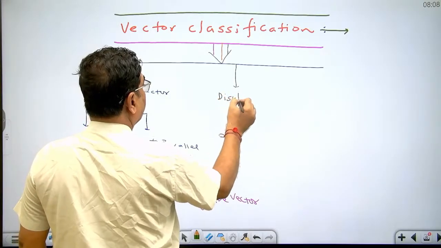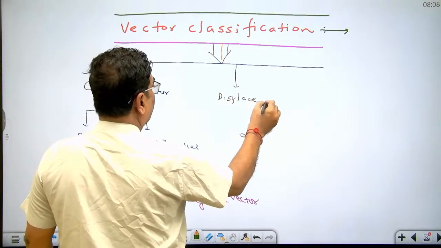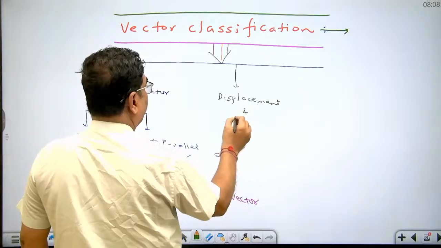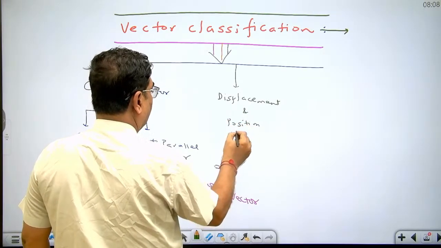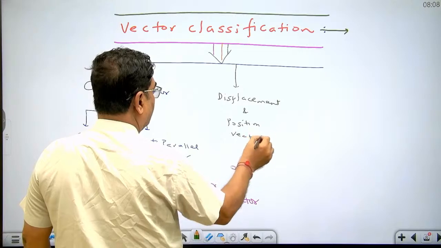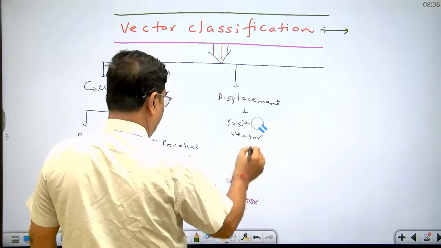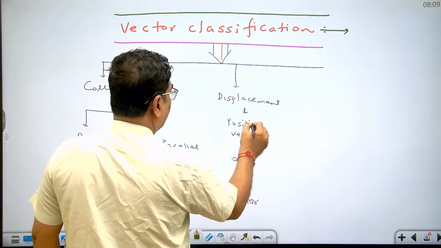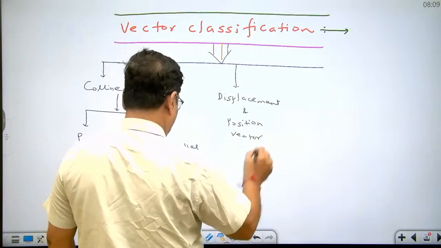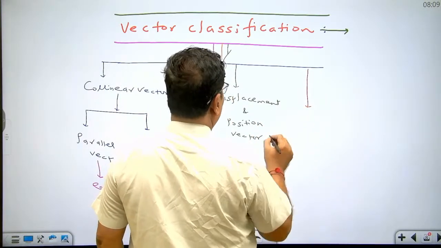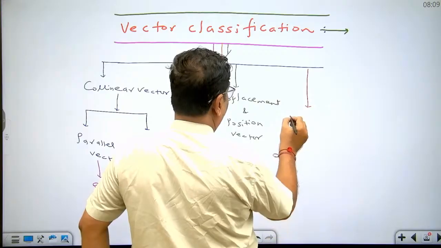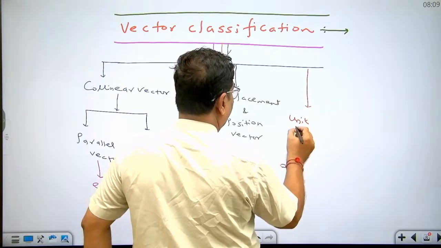Displacement and position vector. Unit vector, this is a very important vector.